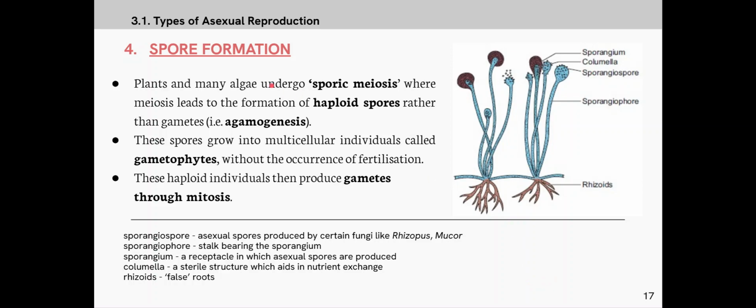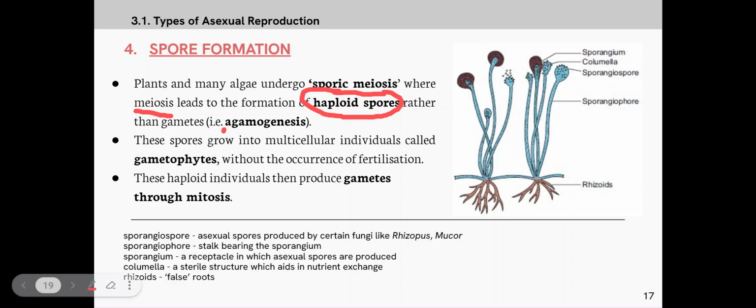Then we come to spore formation. Plants and many algae undergo sporic meiosis, where meiosis leads to the formation of haploid spores rather than gametes. Typically, meiosis gives rise to haploid gametes, but in this case, we are getting haploid spores. That is why this is not the typical form of gametogenesis.